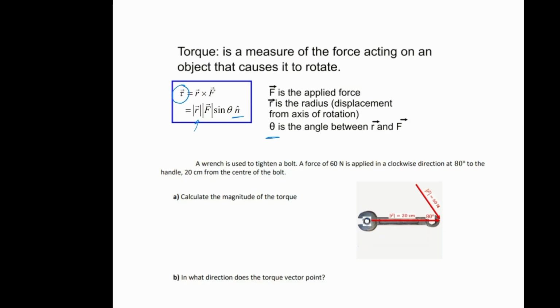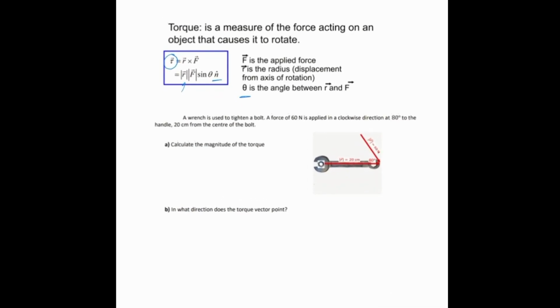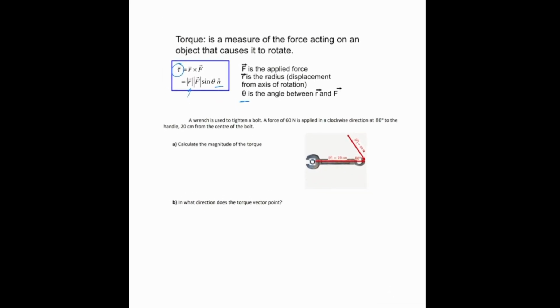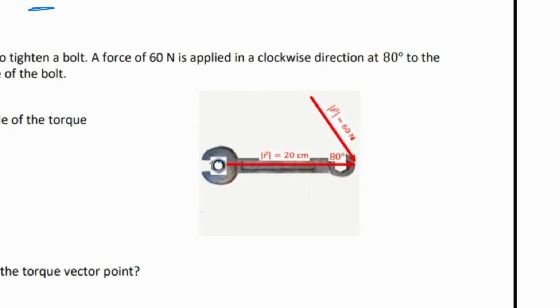So let's take a look at an example. And this is a real life example. This is something that happens every time you use this particular tool. So we're using a wrench to tighten a bolt. A force of 60 newtons is being applied in a clockwise direction. So here's our force of 60 newtons right here, and it's being applied in a clockwise direction.